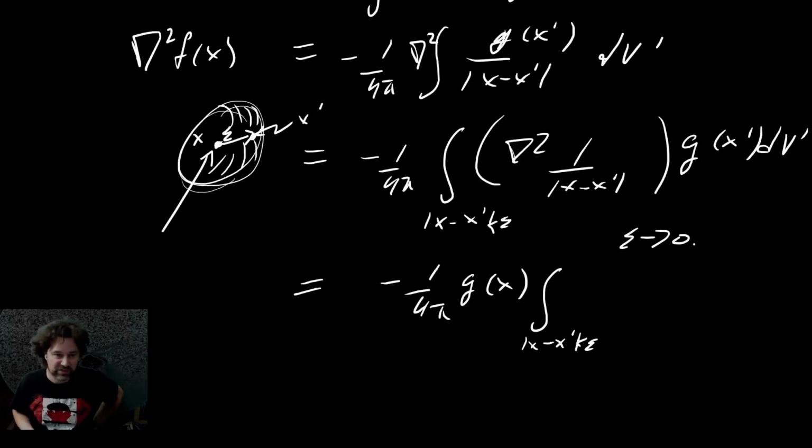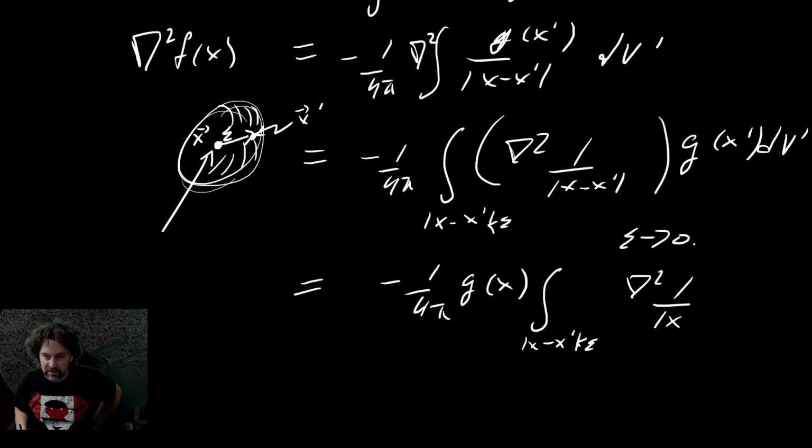We're taking all points x prime in an epsilon-sized sphere around the point x. That is what we're doing. And we're now going to look at what is the value of this integral over that volume.